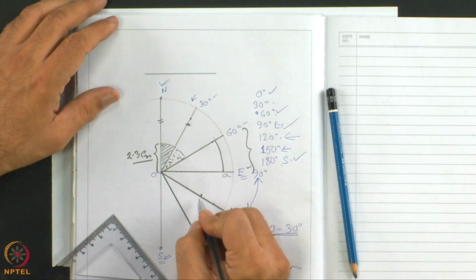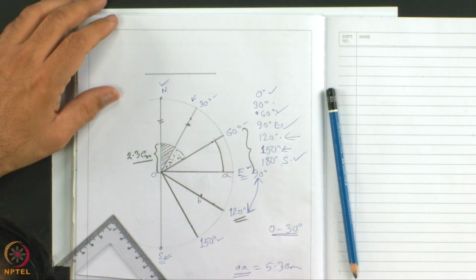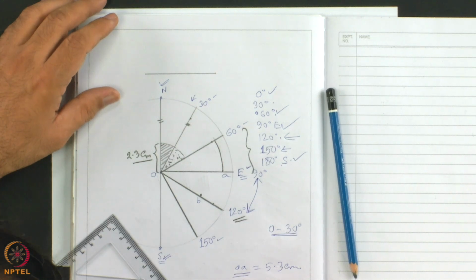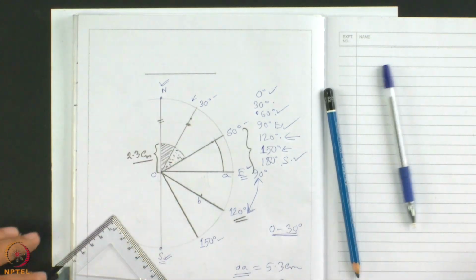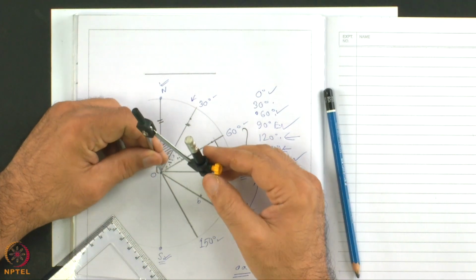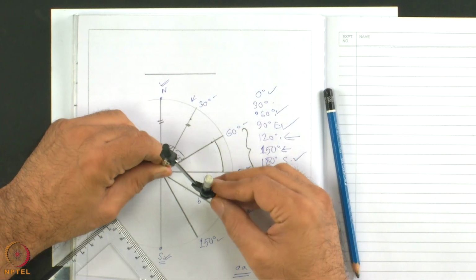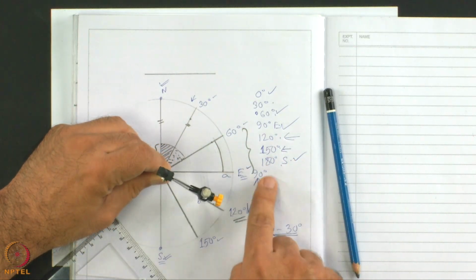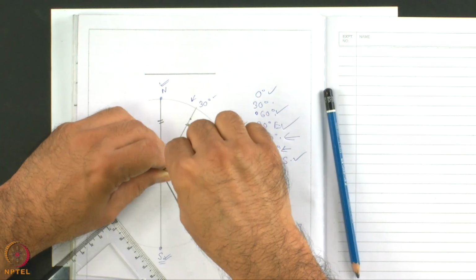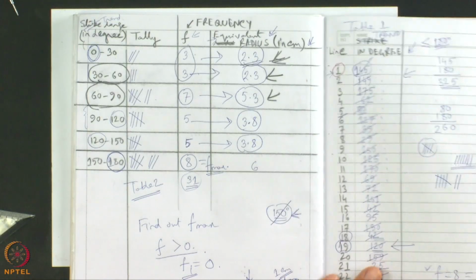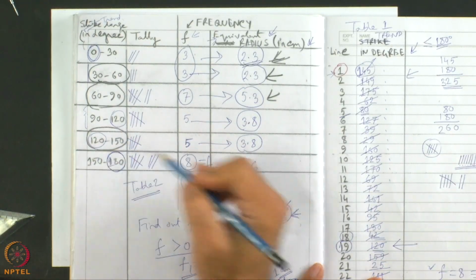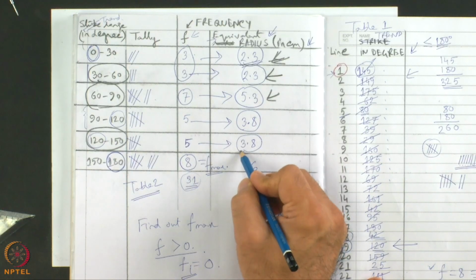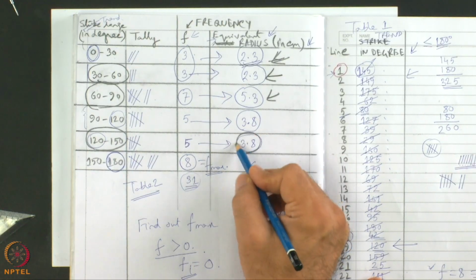That means, if this point is small b, then OB distance is equal to 3.8 centimeter. Next, I have to draw an arc with OB as the radius, but restricted within 90 to 120. So, I am going to see 120 to 150 range, and here also the same equivalent radius is found, 3.8.